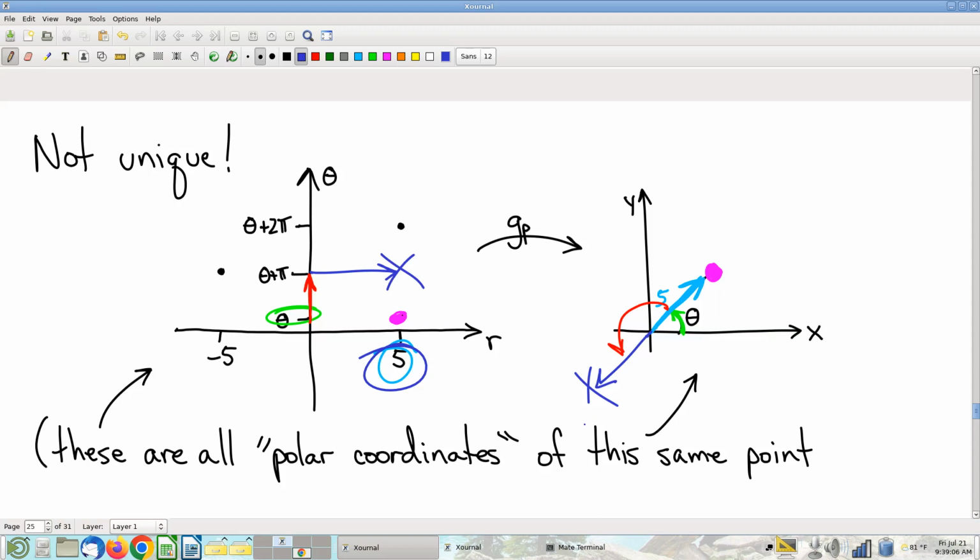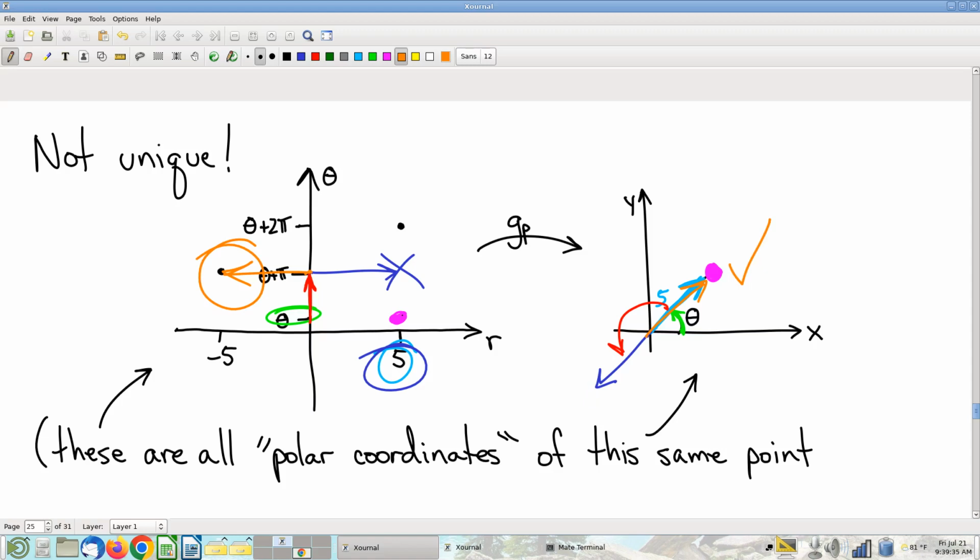But notice how, in my new angle, my new direction, theta plus pi, I'm going not just the wrong direction, I'm going exactly the wrong direction. Which means that if I went exactly backwards, if I did a negative value of r, then I would be going exactly backwards from the direction that I'm pointing, and sure enough, I get to the same point.